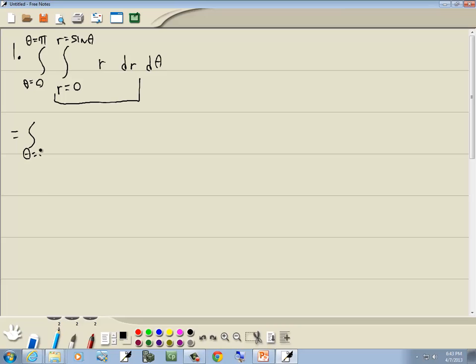So theta is equal to 0 to theta is equal to pi carries down. The integral of r is 1/2 r squared from r is equal to 0 to r is equal to sine theta d theta. Now the 1/2 I can put out in front, so I don't have to worry about it.